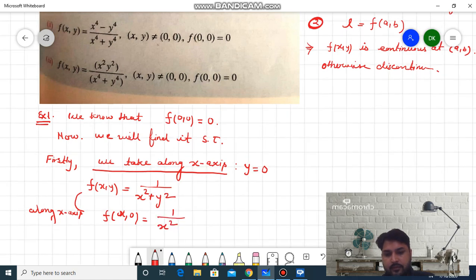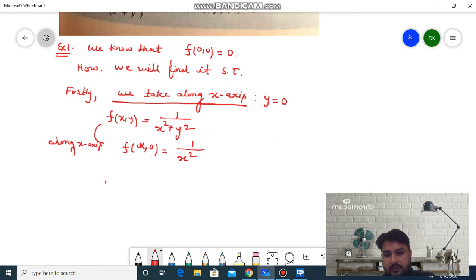Now we will take the limit as x tends to 0 of f(x,0), and it gives us the value infinity.